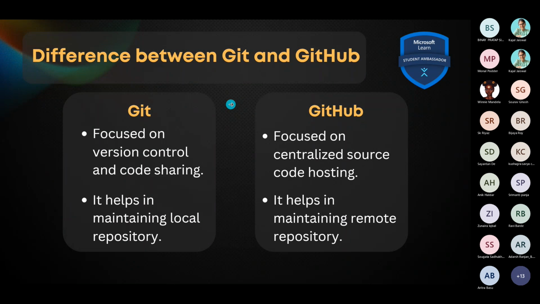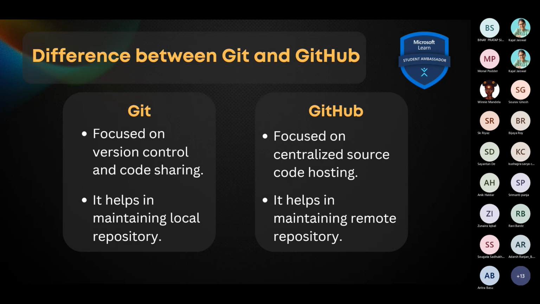So we have done everything using Git and GitHub. Now, what is the actual difference between Git and GitHub? You must be wondering that. The most important difference is that Git is totally focused on version control and code sharing. We use Git for implementing version control, and GitHub is basically focused on source code hosting.